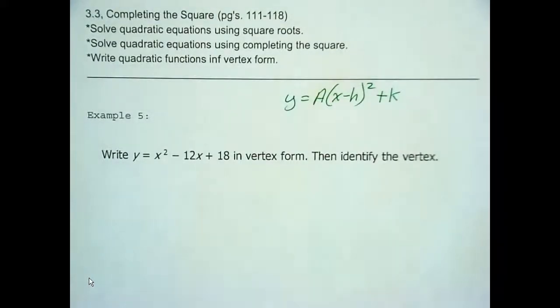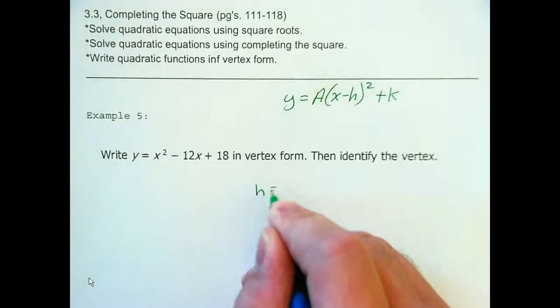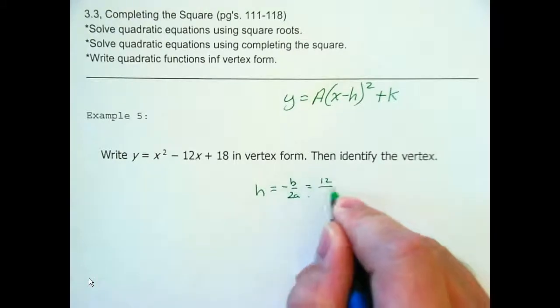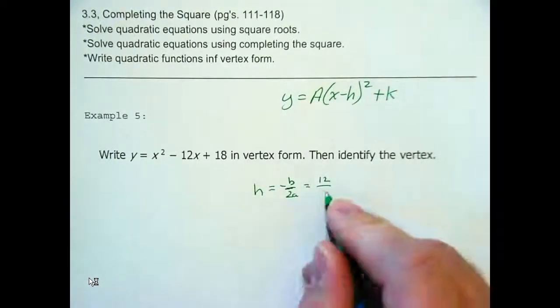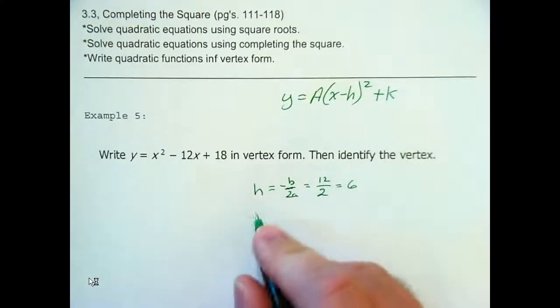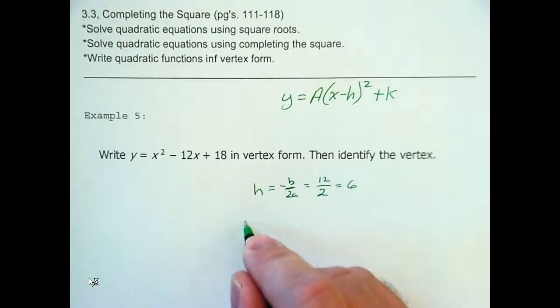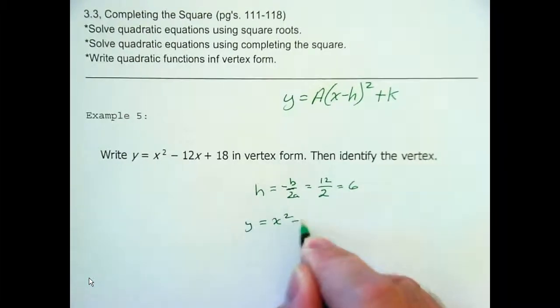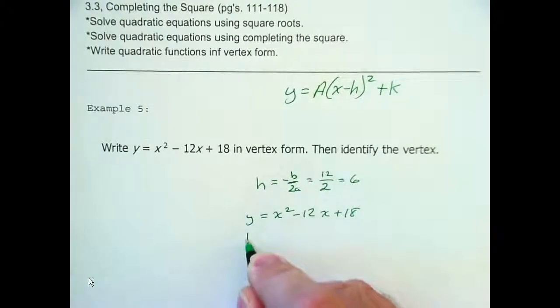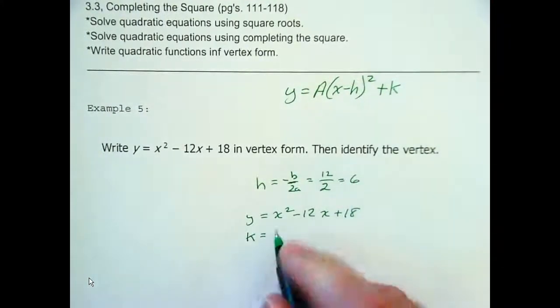How many finished? Can you tell me their strategies, what they're doing? Yeah? Okay, so you said opposite of b over 2a. So you got 6 for h, and then you plugged that back in. You said, well, if y equals x squared minus 12x plus 18, and I want to find k, I could just put in the 6.